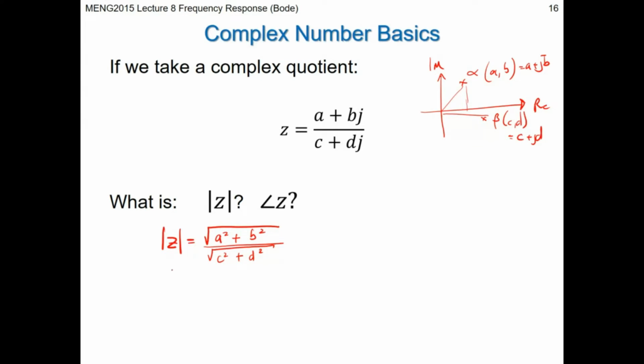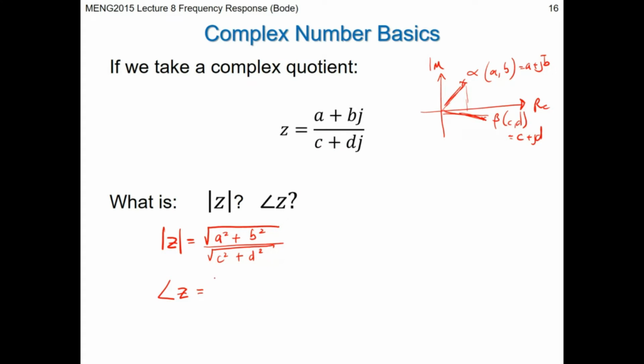And mathematically, to get the modulus of this quotient, it's very simple. We just take the modulus of alpha and divide it by the modulus of beta. So that bit's pretty straightforward. What about the argument of z, the resultant of this quotient?